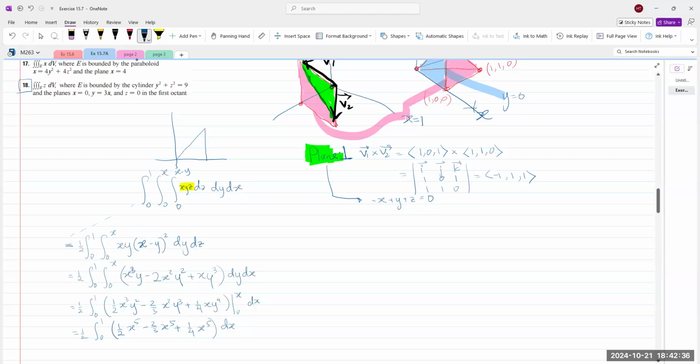So I need to add the LCD thing, equals 1/2 integral from 0 to 1. What is 1/2 minus 2/3 plus 1/4? LCD is 12, so that's 1/12. So that's 1/12 x to the fifth dx, that is 1/2 times 1/12 times 1/6, that's 1/144.